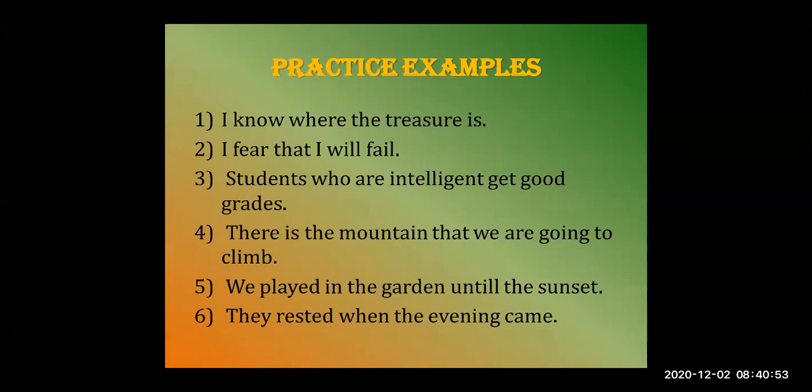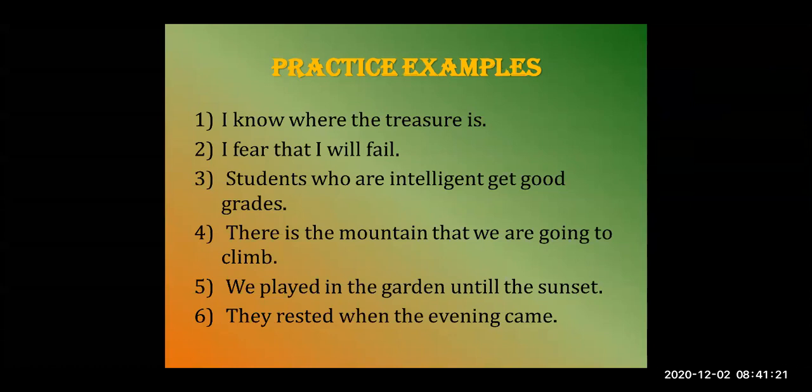Fourth one, there is the mountain that we are going to climb. We is the subject, climb is the verb. That we are going to climb is your adjective clause which modifies the noun mountain. Fifth example, we played in the garden until the sunset.